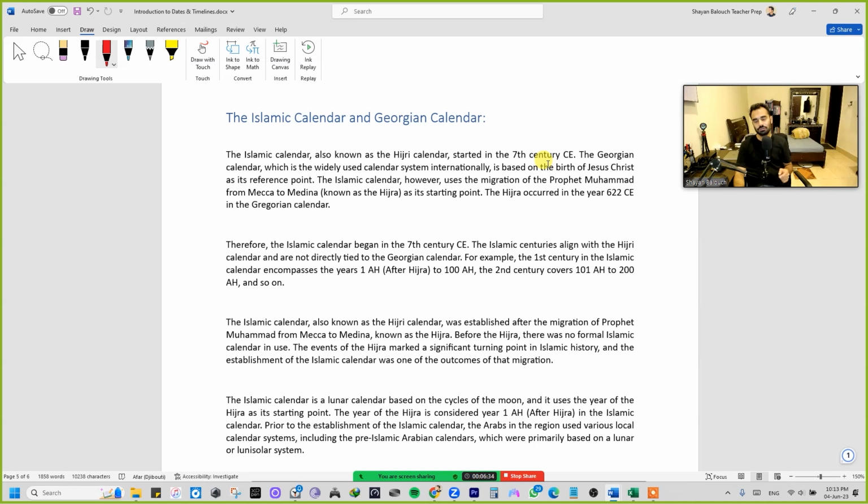And especially, if you go into your mobile phones, for example, let's take an example. Over here, I have an iPhone, and if you go into the settings, and then go into general, and then date and time, it allows you to set between two different calendars, right? It allows you to set between the Gregorian calendar and the Islamic calendar, right?